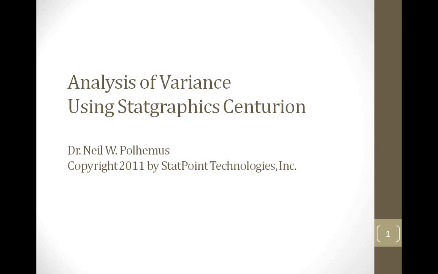As I said, the topic of today is using Statgraphics Centurion to do an analysis of variance. Very important topic, obviously a very heavily used section in Statgraphics as it is in most statistics packages.